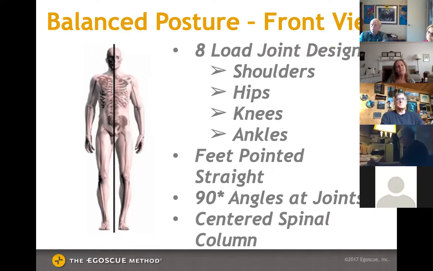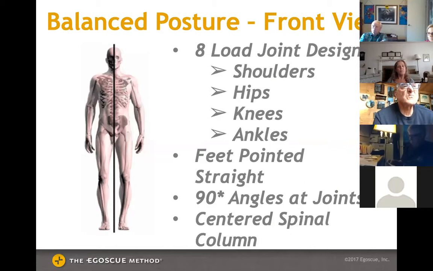Okay, so getting into the posture, we'll talk about what posture should look like, and then we'll show some examples to help you practice analyzing that and how it relates to knees specifically. Overall, from the front view or the back view, we can see these 8 load-bearing joints: 2 shoulders, 2 hips, 2 knees, and 2 ankles.